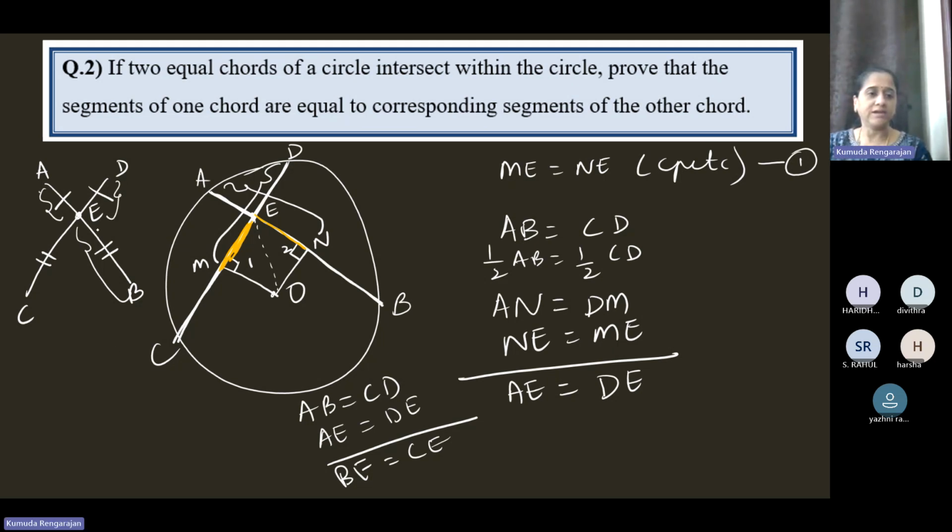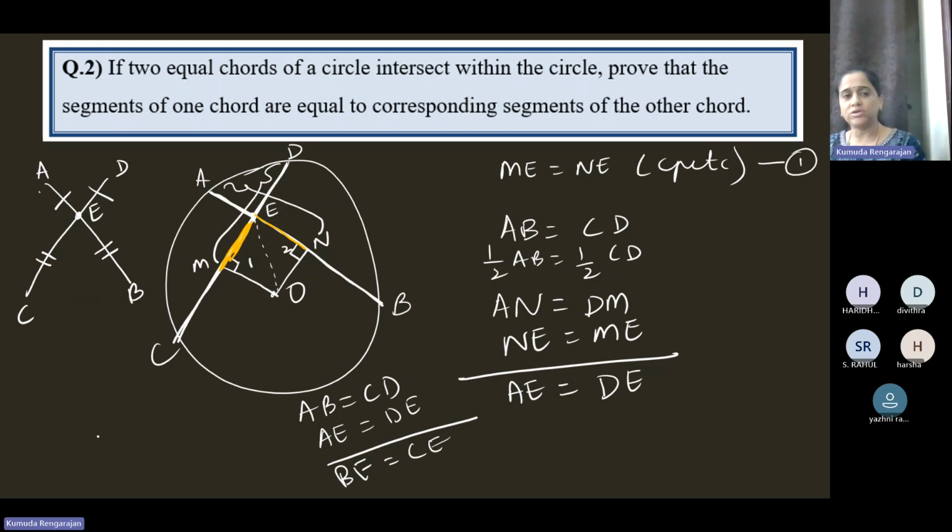Similarly, DE and EC are the segments of the other chord. DE and EC are the two pieces of the other chord.